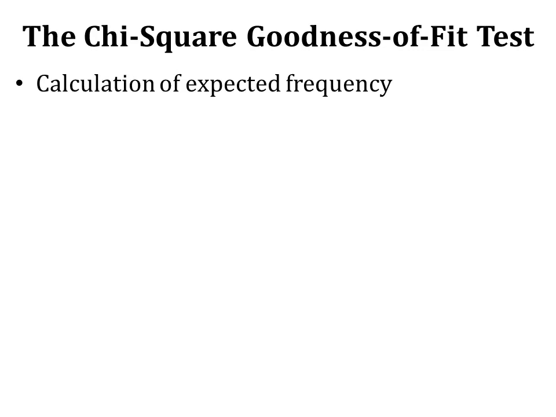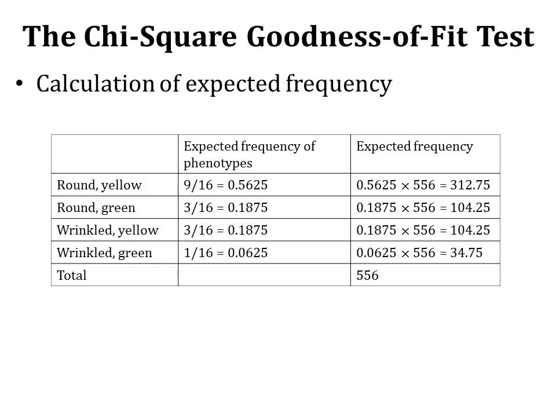The next step is calculation of the expected frequency, and we calculate it on the basis of our null hypothesis. Our null hypothesis is that the results of this cross follow Mendel's law of independent assortment. Therefore the phenotypic ratios should be 9, 3, 3, 1.